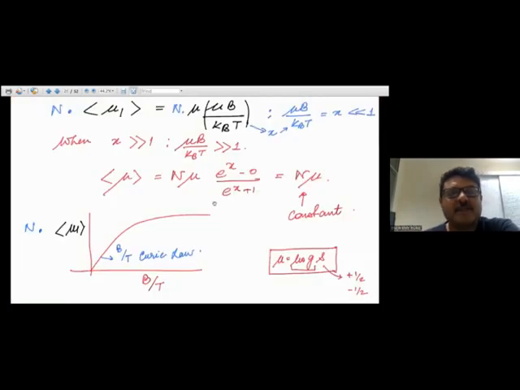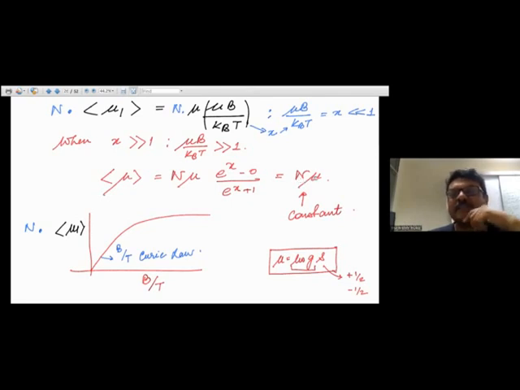And what will be the magnetic moment of the entire sample? It is n mu into e to the power x over e to the power x, the other terms going to 0. This is n mu, some constant value.